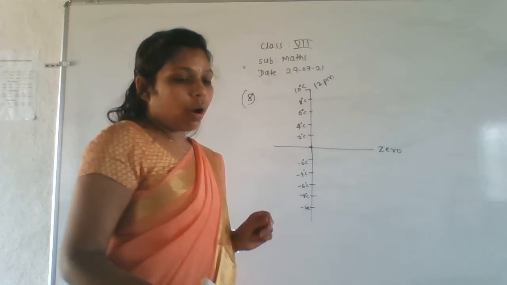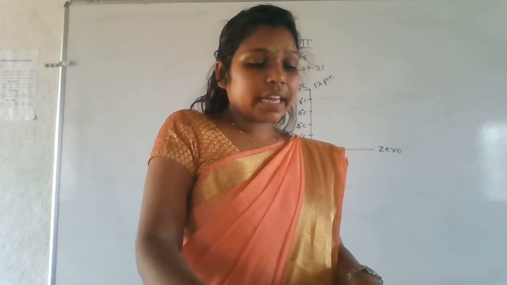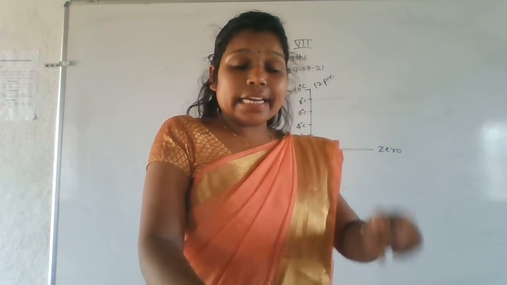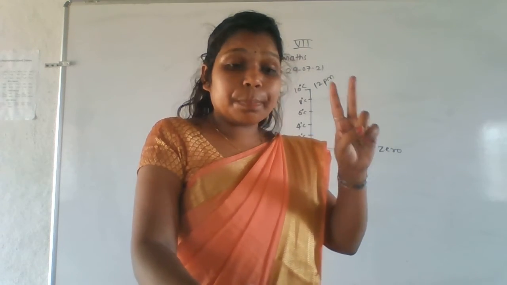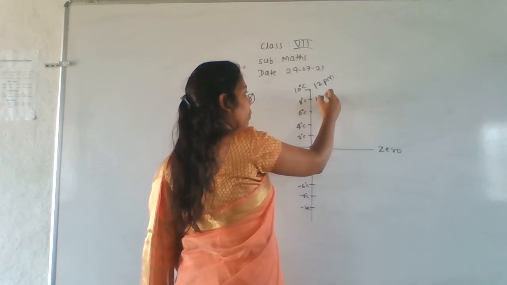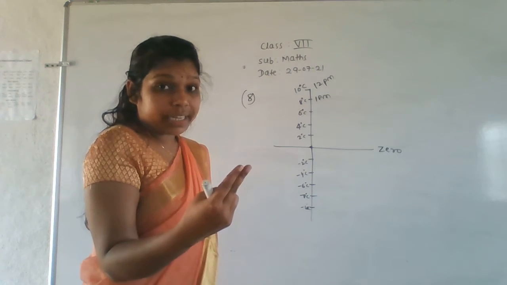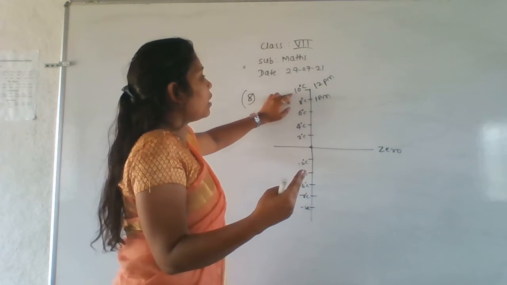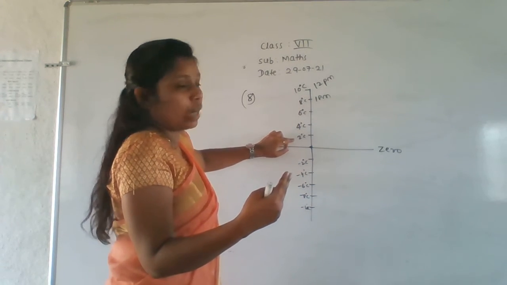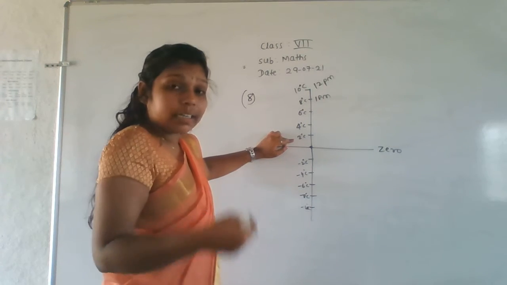Why did I write like that? See here, they told here it decreases at the rate of 2 degrees Celsius per hour. Per hour means after 12, the time is 1 p.m. So for 1 hour it will decrease by 2 degrees Celsius. For that reason I am taking 10, 8, 6, 4, 2 like that, because for 1 hour 2 degrees Celsius are decreased.